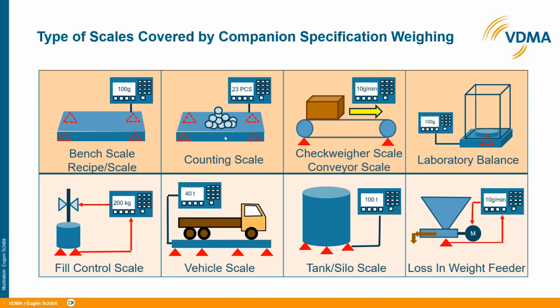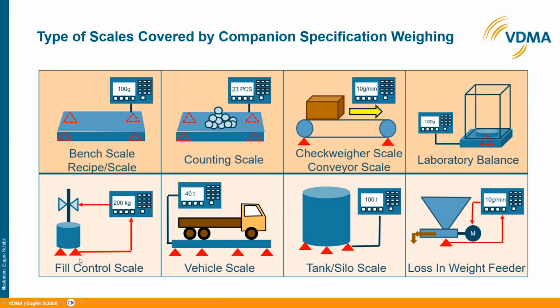Weighing is an excellent method for counting screws and bolts and money, whatever you need. Then check weighing scales, conveyor scales. Here we have laboratory balances. You notice I'm talking about scales and balances. Typically for laboratory environment, we say balances, and in production environment, we say scale.